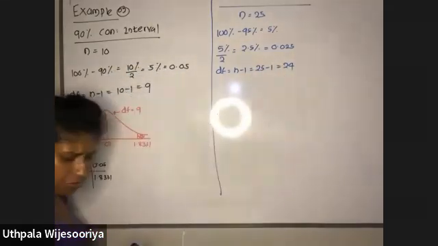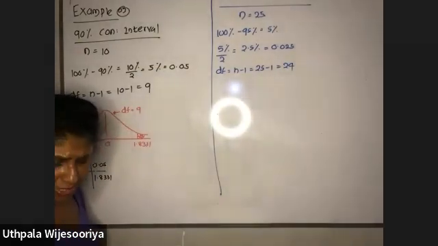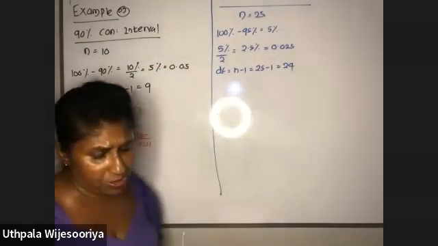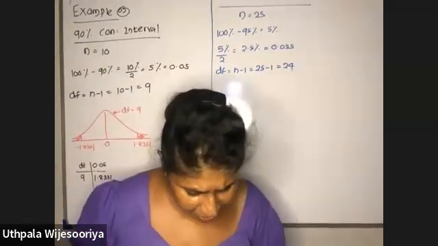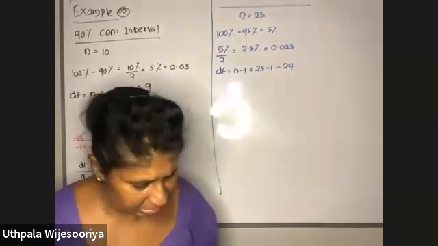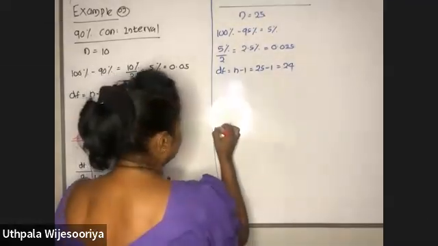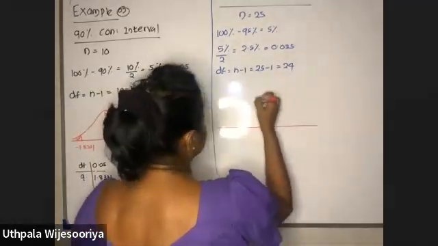Right. Now go to degree of freedom 24 and 0.025. What is your t table value?